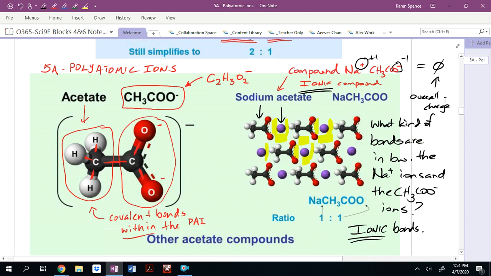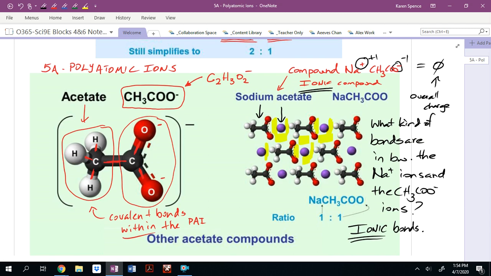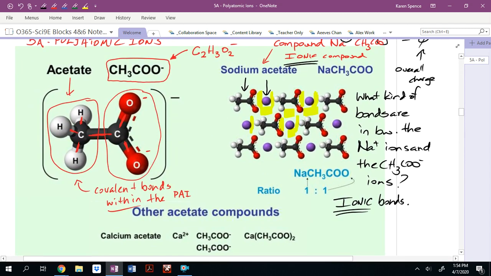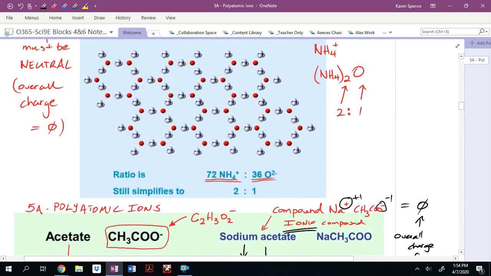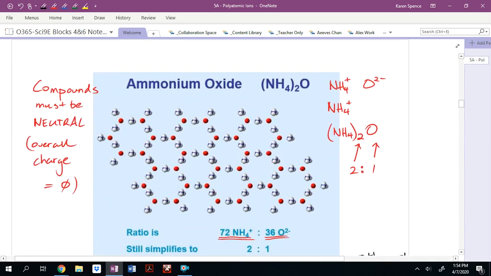Another thing I'd like you to notice about this formula is that when we write it, I'll rewrite it down here a little bigger, NaCH3COO, there are no brackets here, okay? If you remember from last day, back when we were, say, having ammonium oxide, we had to put the ammonium in brackets.